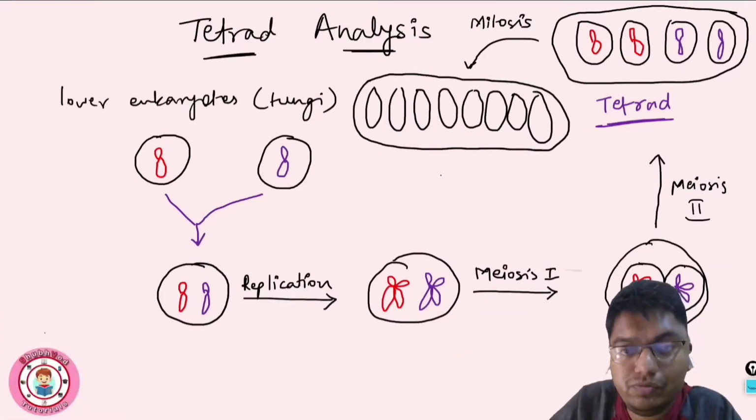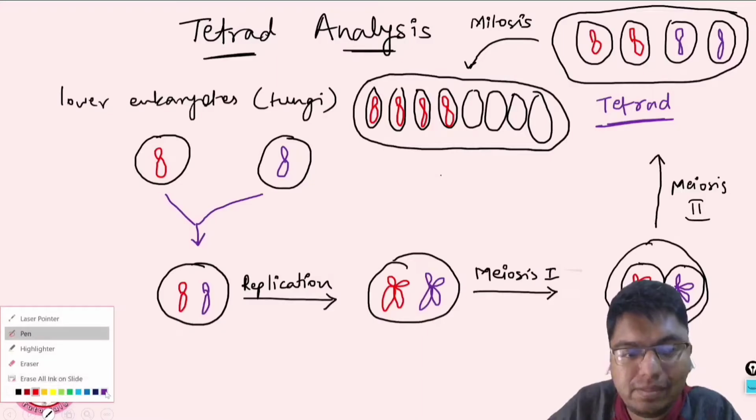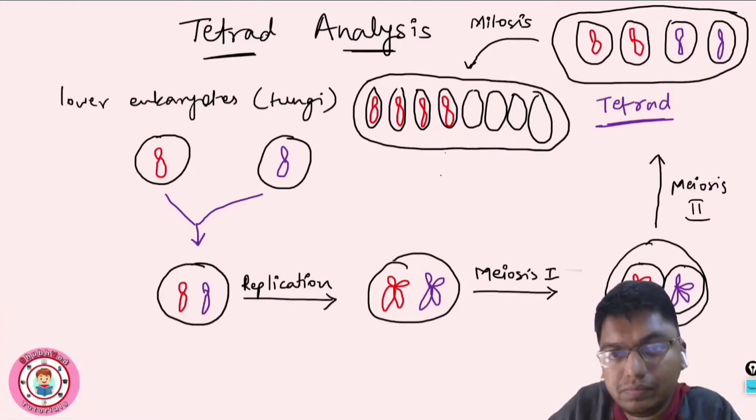Now 4 are red after mitosis. So this is the arrangement after mitosis.